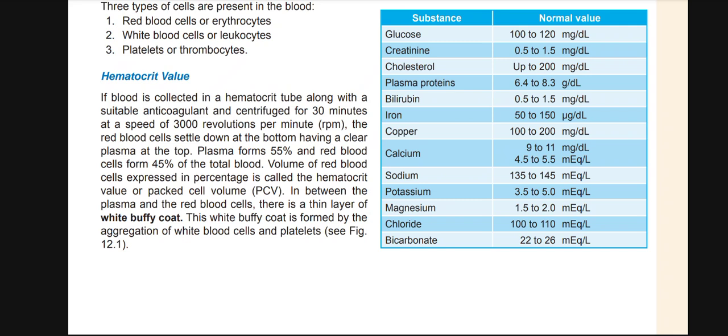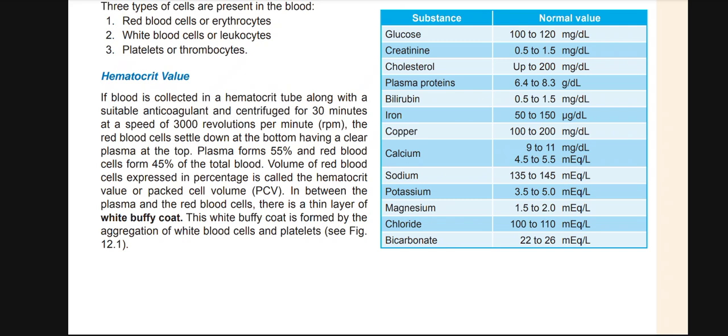Then we centrifuge this for 30 minutes at a speed of 3000 revolutions per minute, or 3000 rpm. Then the RBCs settle at the bottom with the plasma at the top. Now this forms plasma 55% and RBC 45%.